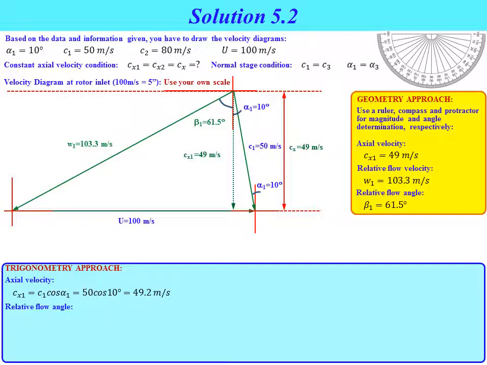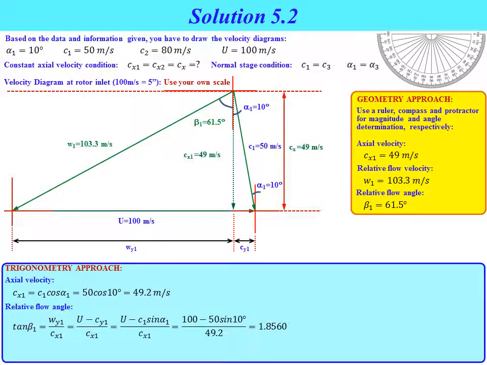The relative flow angle can also be determined using the trigonometry approach. In the velocity diagram, we have the component wy1 and the component cy1. Based on trigonometry, tangent beta 1 is equal to wy1 divided by cx1, or equal to u minus cy1 divided by cx1.